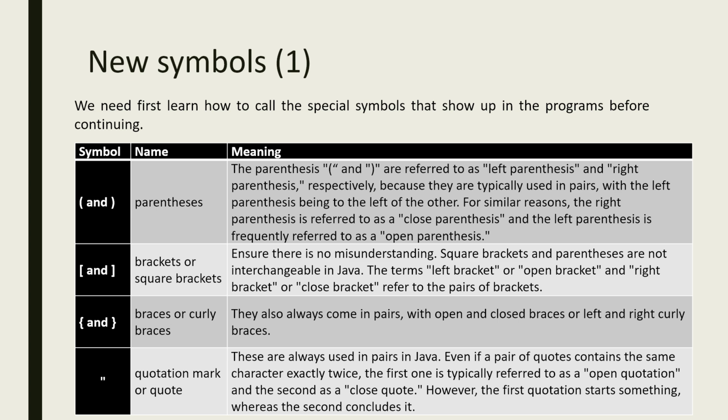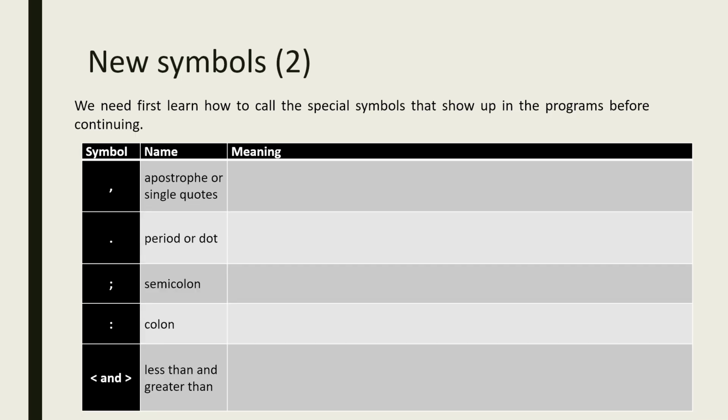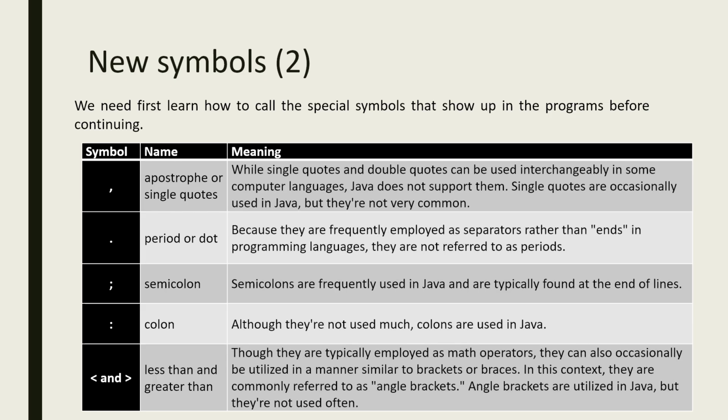Also, quotation marks usually go in couples. There are always two of them. Now, apostrophe, quote symbol, period, semicolon, colon are also very common, and you will encounter them many times. Period or dot, you will find it often used as a separator in many programming languages.